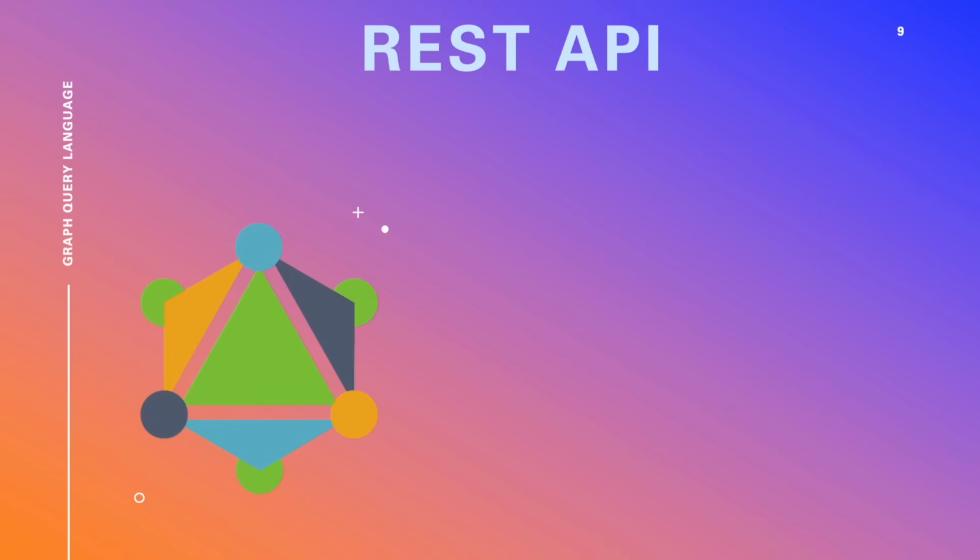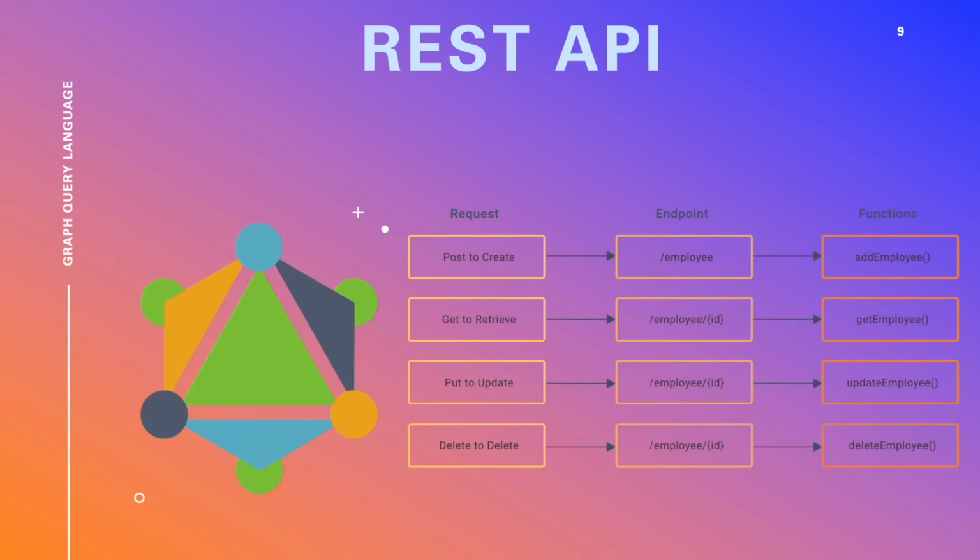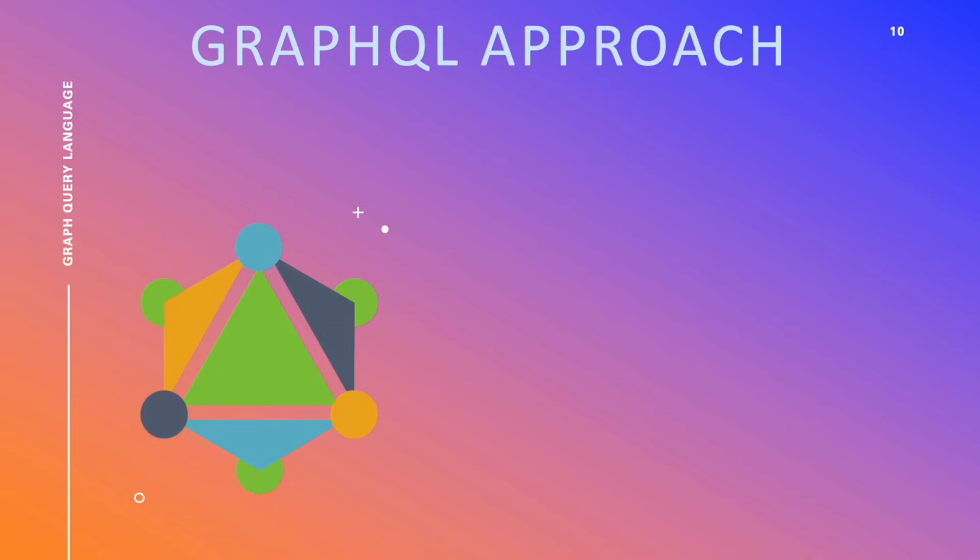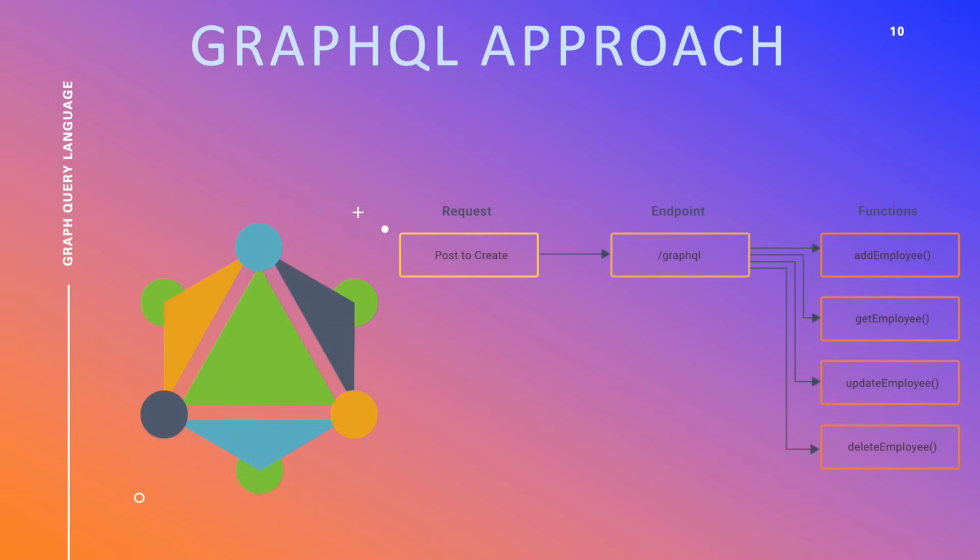Let's see one more example. We have here 4 services: add employee, get employee, update employee, delete employee. And we have separate services for this and separate endpoints. You can see here, employee with ID, get, put, delete. Let's see the GraphQL approach here. Instead of having 4 endpoints, GraphQL always has a single endpoint, and the rest of the things are done by the query.